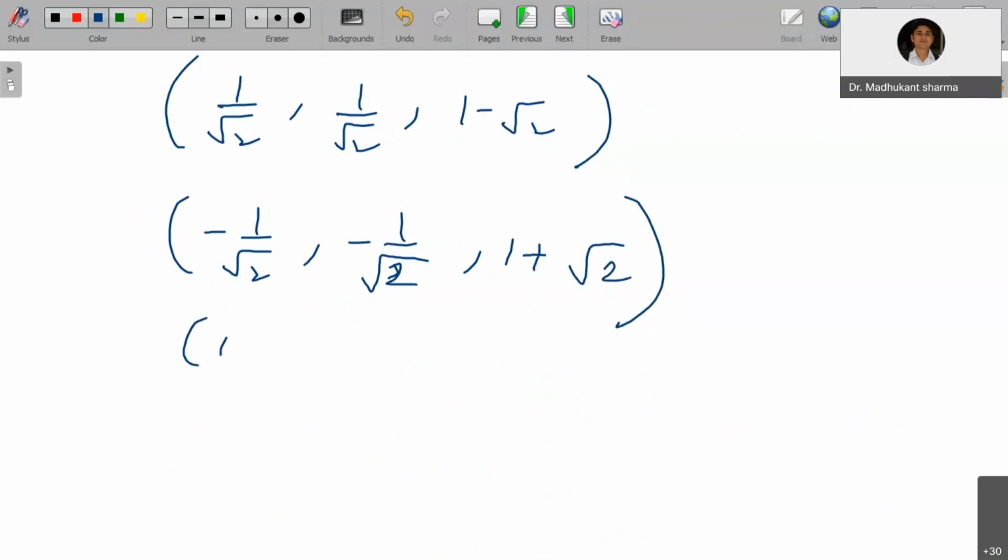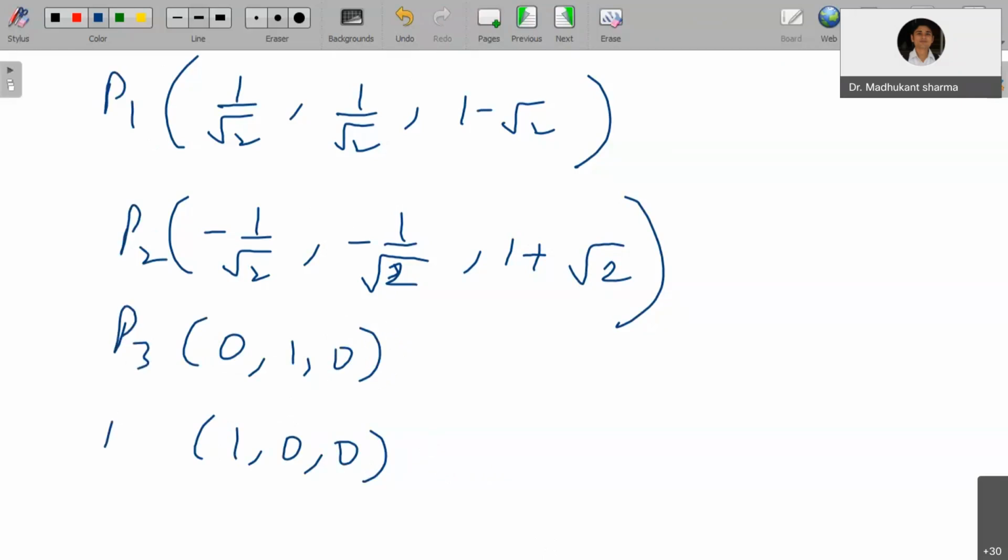Now you have 4 points: 0, 0, 1, sorry, 0, 1, 0 and 1, 0, 0 along with the two above. Now you have the function f of x, y, z, and the 4 points p1, p2, p3 and p4, where you can see which one gives the maximum value and which gives the minimum value. p3 and p4 will give you unit distance, I think, yes, 1.